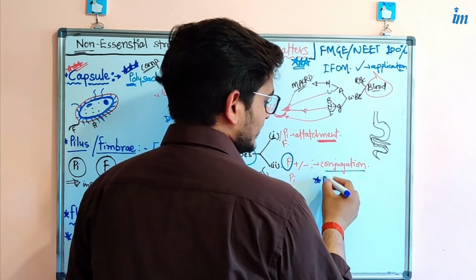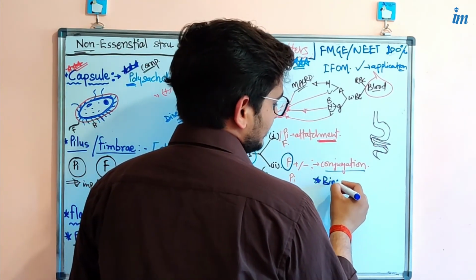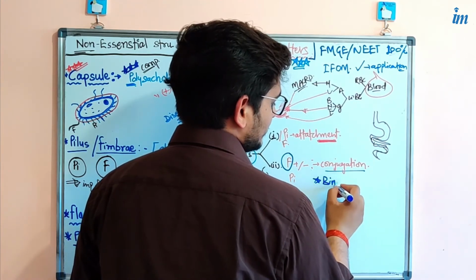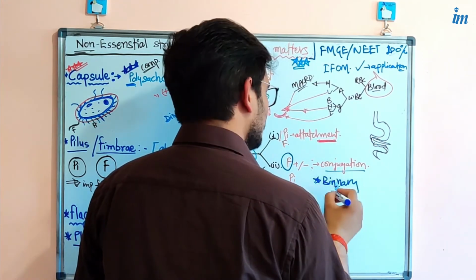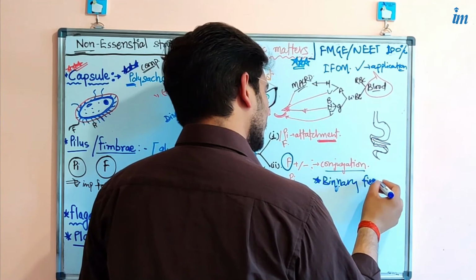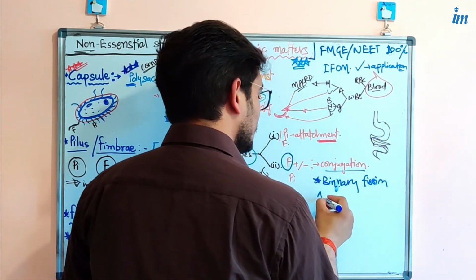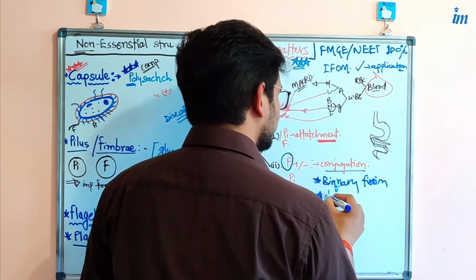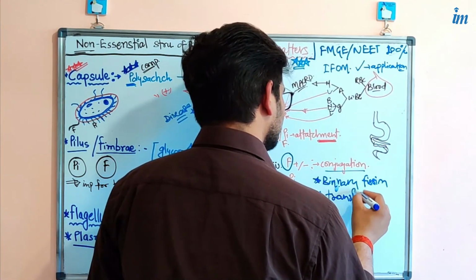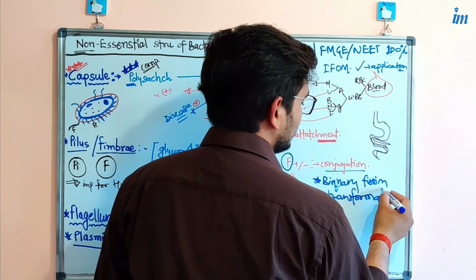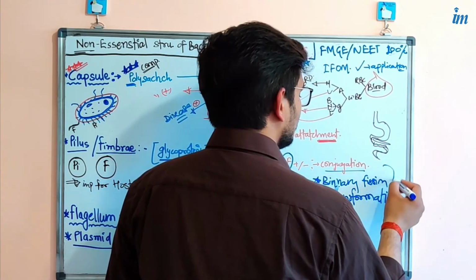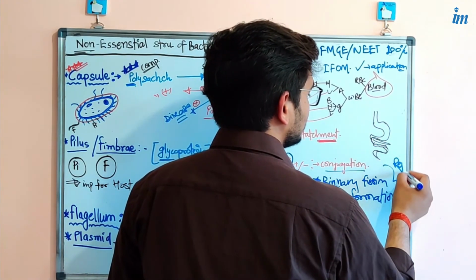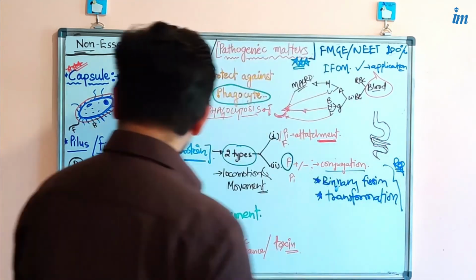I will tell you again when I talk about bacterial genetics. Conjugation, binary fission, transformation, these are the reproductive paths of the bacteria.